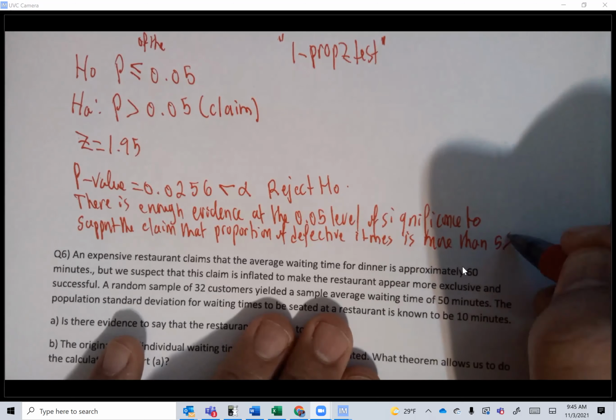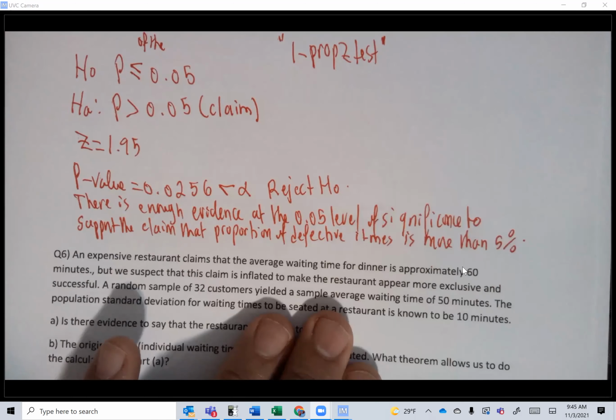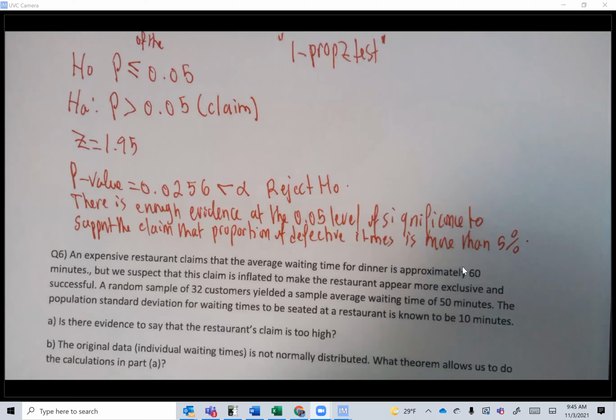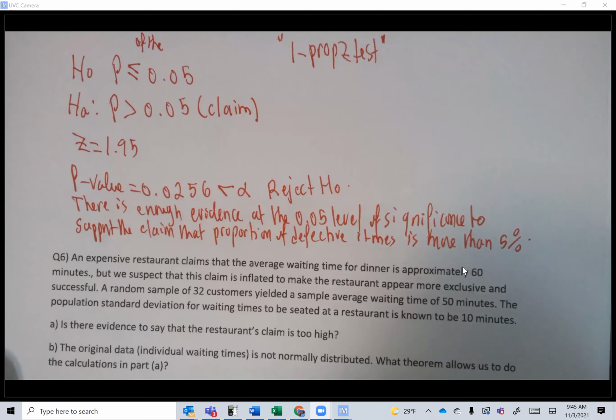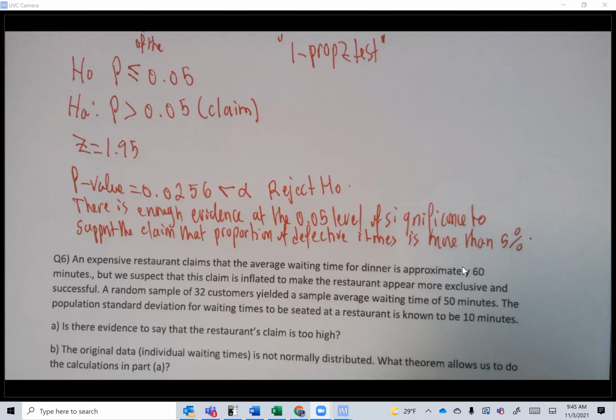Now, here's my question to you guys. Should the company get rid of the machine? Yes or no? We say there is enough evidence at the 0.05 level of significance to support the claim that the proportion of defective items is more than 5%.